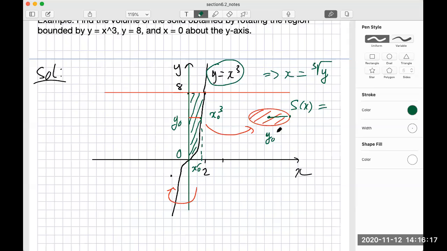From this relation, we see that x is the cube root of y. And here the area will be pi x0 squared, right? The distance here.